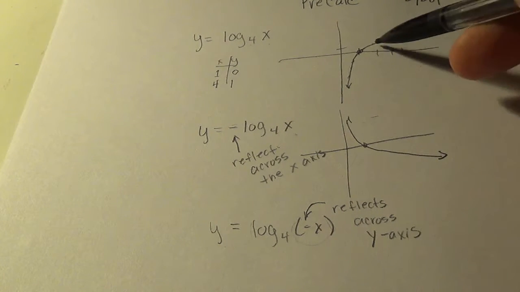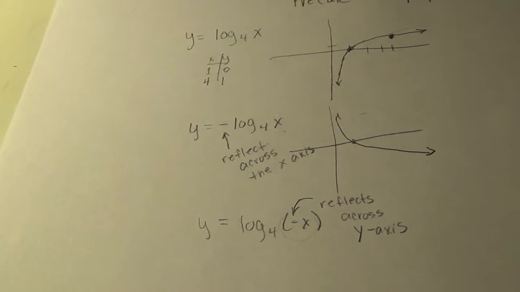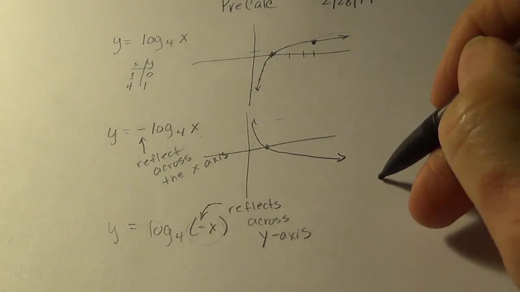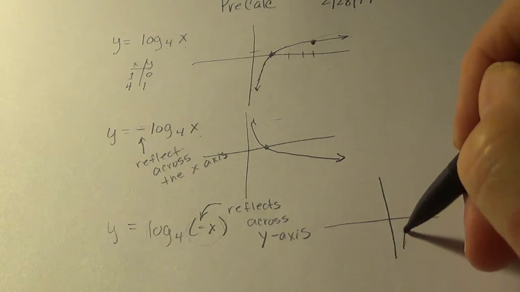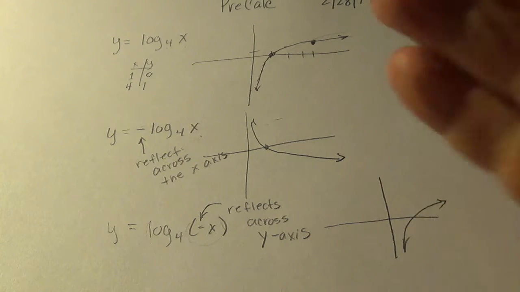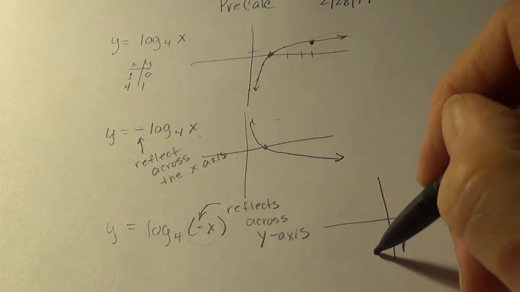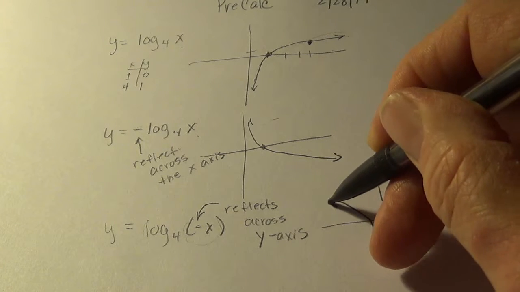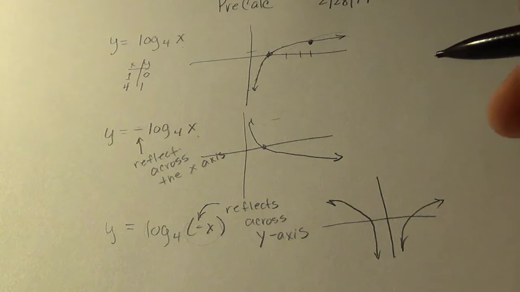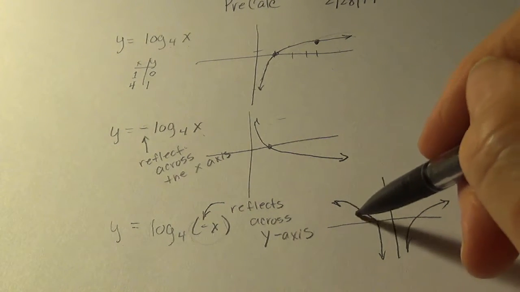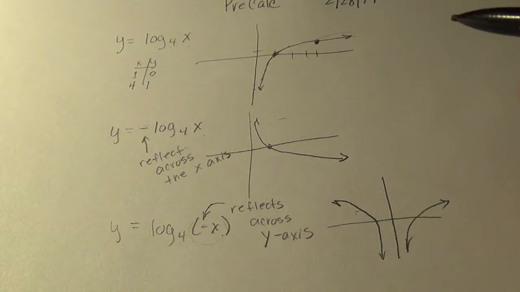So we're going to take the original graph and reflect it across the y. So here's the original log shape, and when you go across the y, it ends up over here. Alright, so this is the graph of this.